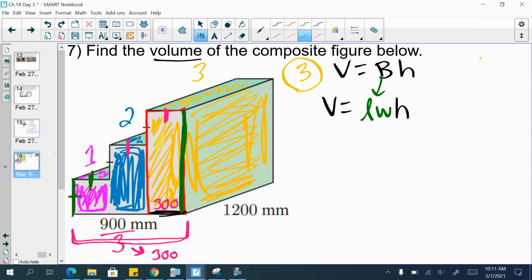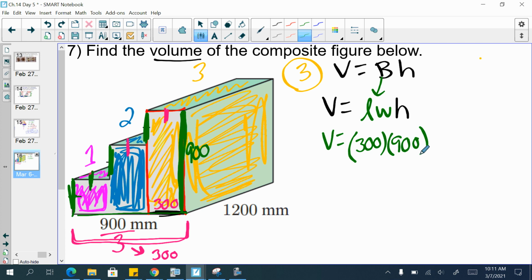So think about the height of this whole thing then. 300 plus 300 more plus 300 more, or 300 times 3. This is going to be 900. So this length is the same as this length. They're both 900, okay? So then the area of the front of this right here is going to be 300, the length, times the width here, 900.